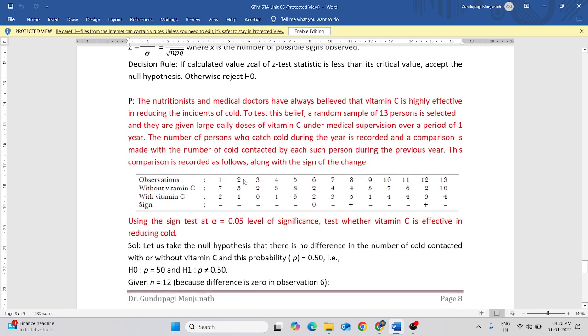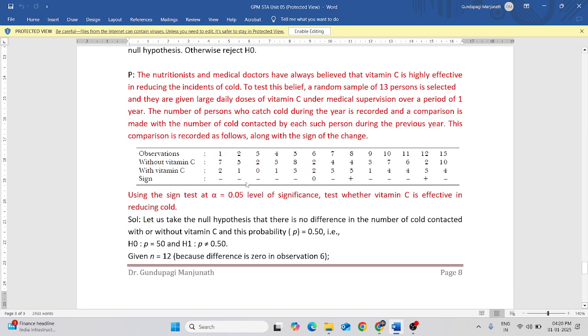So let us have a small problem here. If we observe this problem, then we can understand. How many observations do we have?